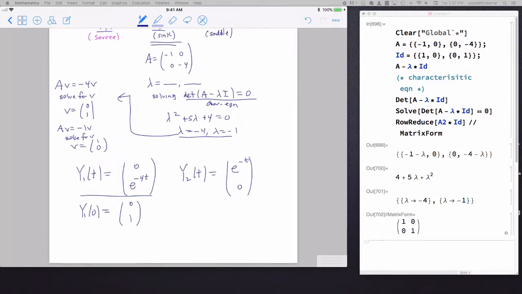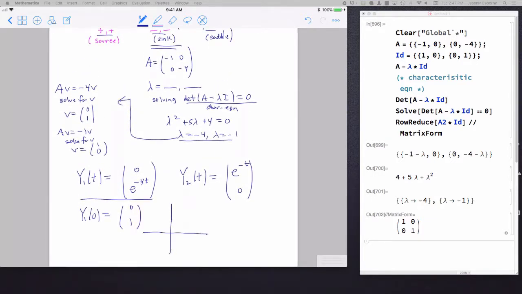If you pick the initial condition here in the xy phase plane and then look as t goes to infinity, y1 of t goes to (0, 0). This e^(-4t) gets closer and closer to 0. So with an initial condition up here, the solution is tending towards the equilibrium. If you chose another initial condition down here, the solution would go in towards the equilibrium point because the eigenvalue came out to be negative.